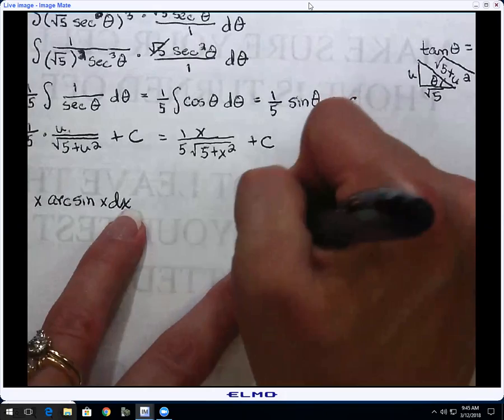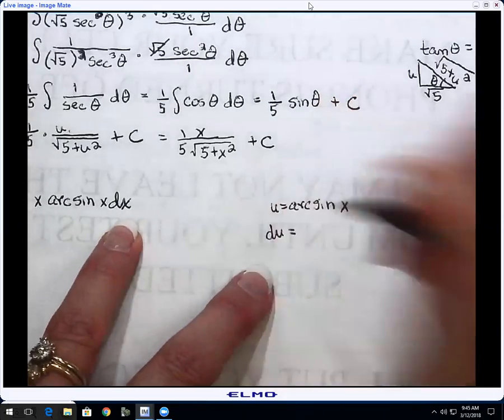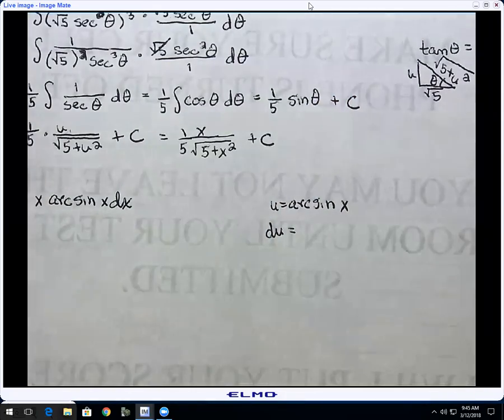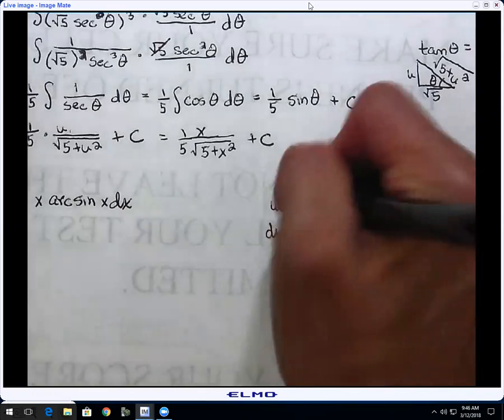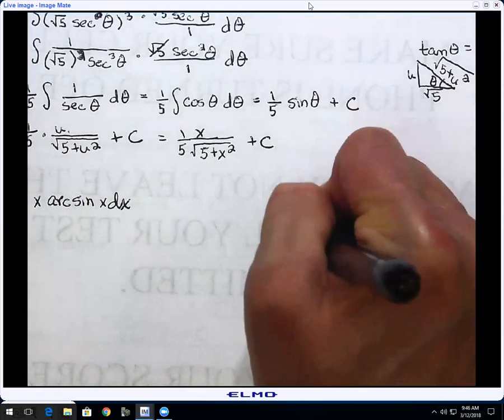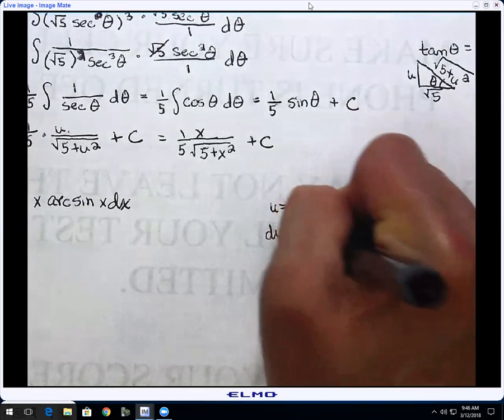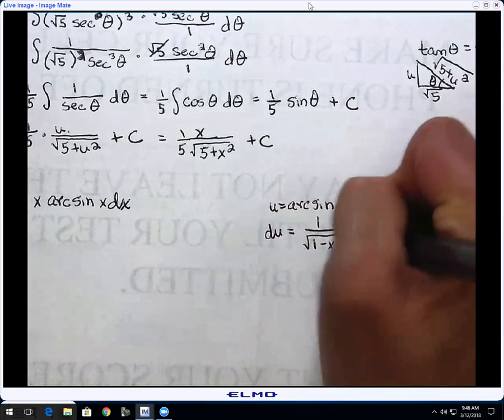And of course, if that's u, then du, I still have to look up that formula. I will sit down the night before the test and memorize it, and as soon as you give me the test, I will write it at the top of the test real quickly, because I can tell you that's not going to stick in my brain. But because I looked it up, I have it: 1 over square root of 1 minus x squared dx.